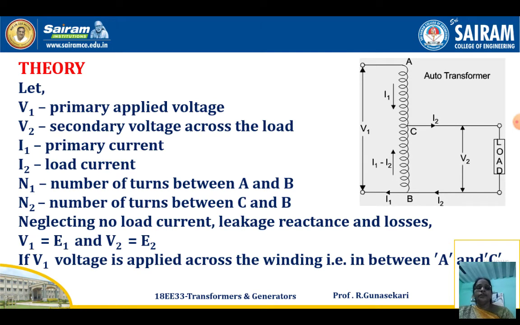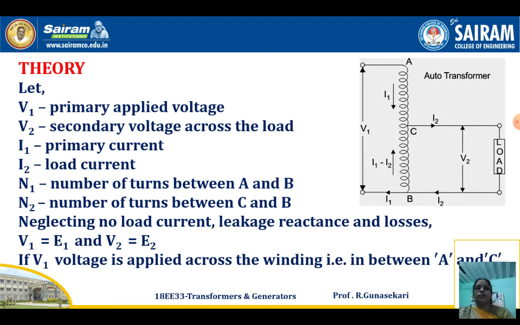From the diagram, you see, let V1 be the primary applied voltage, V2 be the secondary voltage across the load, I1 be the primary current, I2 be the load current, N1 be the number of turns between the A and B terminals, because the full winding is AB. So AB is the N1 terminal.